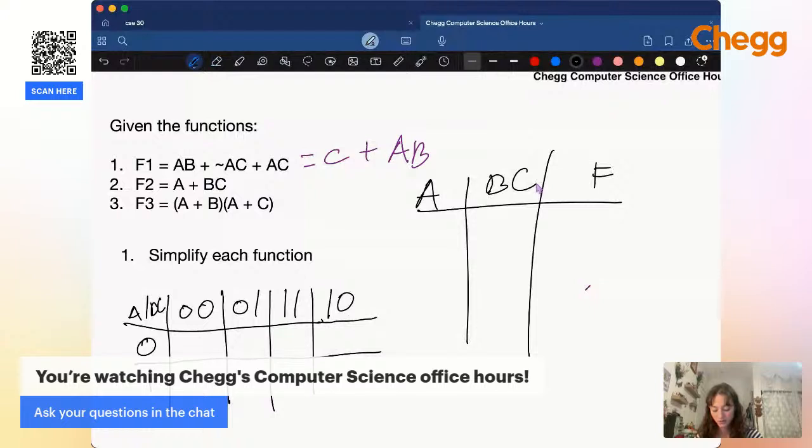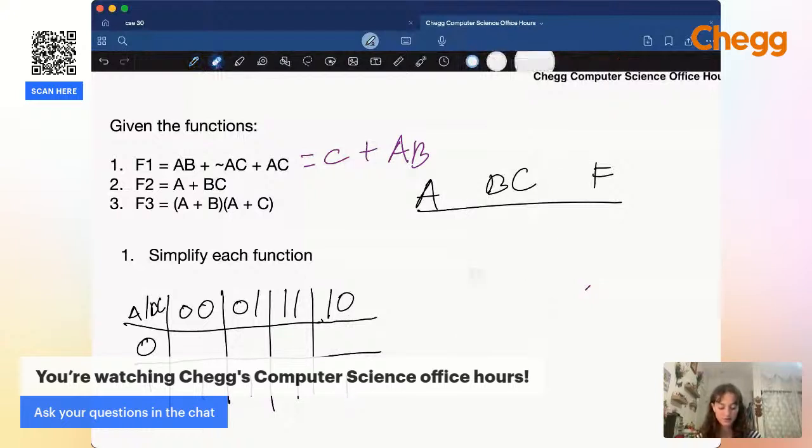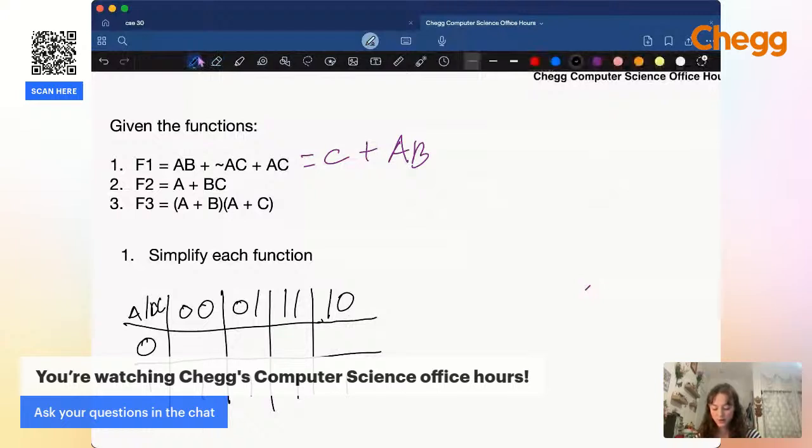So we can already just fill in all the places where A is true to be 1. I don't even need to use my truth table for that. Honestly, I don't think we even really need this. We can just evaluate it because this one's a lot more simple. And then the other cases, we need both B and C to be true for F2 to be true. Okay, so that creates our K-map.